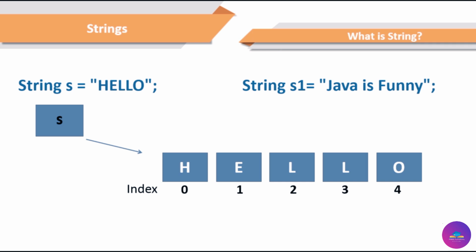The chars in a string are identified by index numbers. So in hello, the leftmost character, H, is at index 0. The next character, E, is at index 1, and so on and so forth. Good. So we will do a whole lot of examples related to the string index by using some string methods.